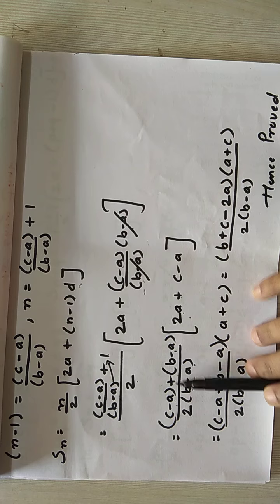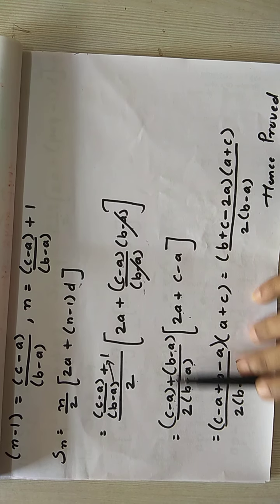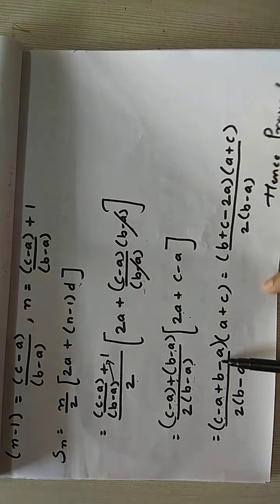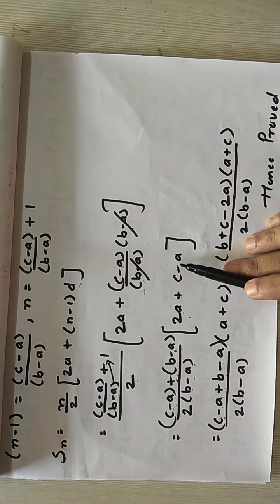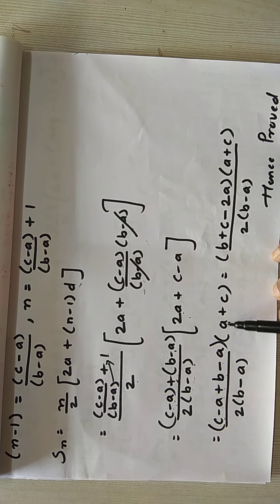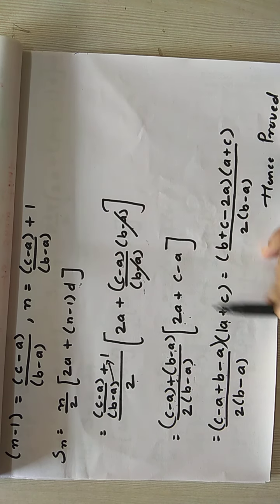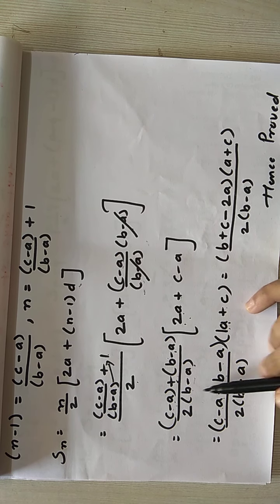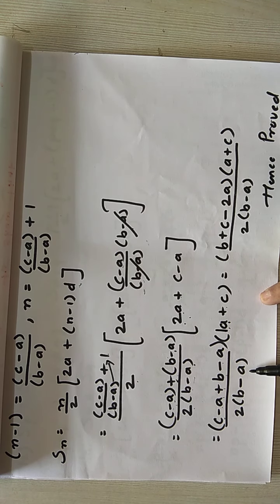Again we open this bracket. This is add, right? So let's add these two binomials: C minus A plus B minus A, and this 2a minus a will become single a, 1a, plus C upon the denominator, which will be as it is, 2B minus A.